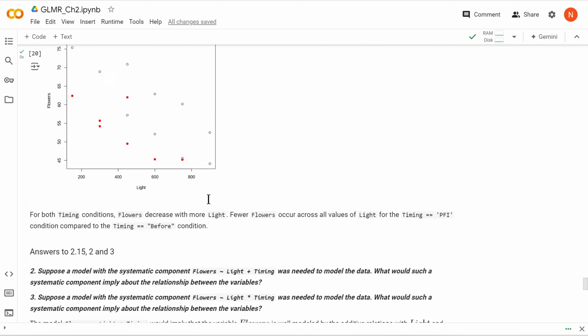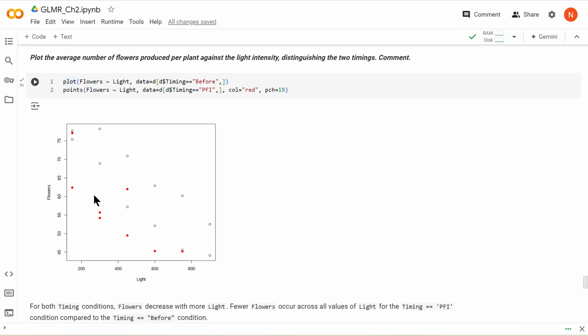Now, part of the reason that I predicted that the interaction model would not be as good as the non-interaction model was because the red and the empty dots have a similar slope, or by my eye they do. I don't know that analytically, but they seem to.